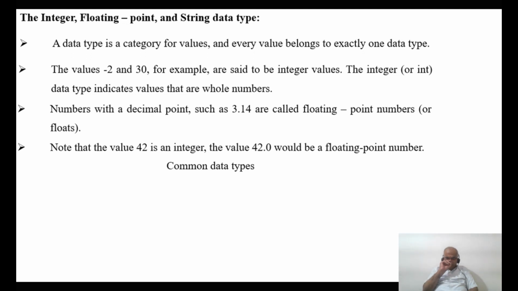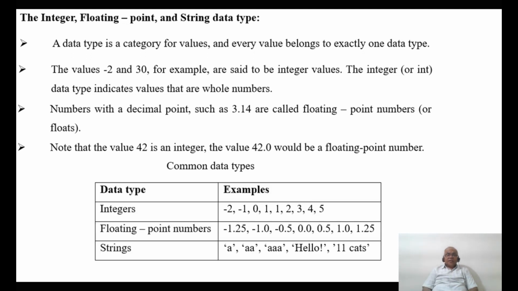Some of the common data types are listed here, with their examples. The integers are -2, -1, 0, 1, 2, 3, 4, 5. All the numbers without a decimal point are integers. Then the floating point numbers are -1.25, -1.0, -0.5, 0.0, 0.5, 1.0, 1.25 and so forth.